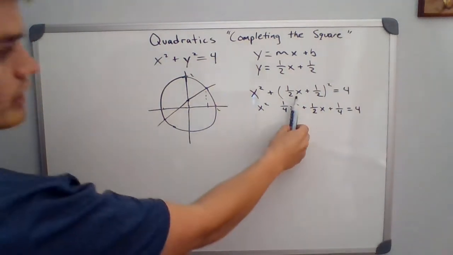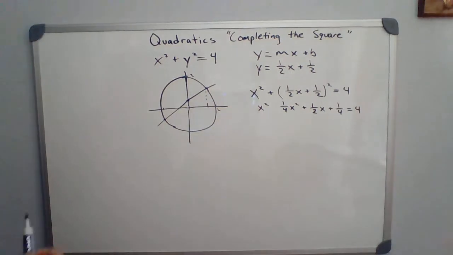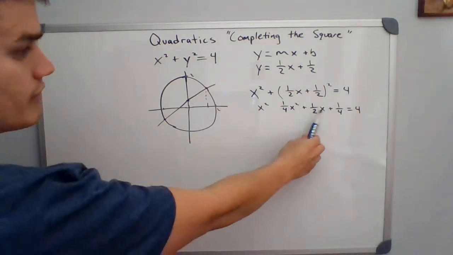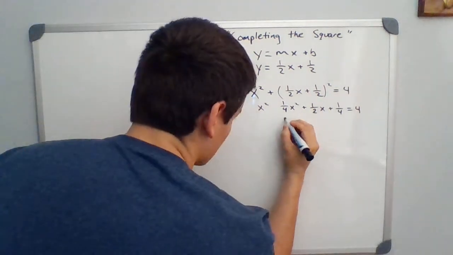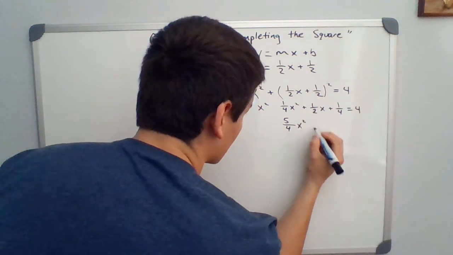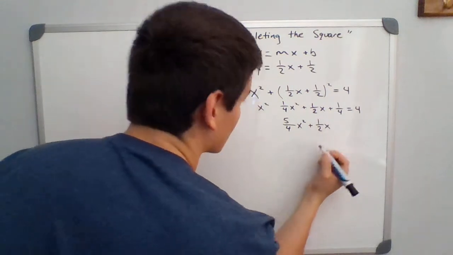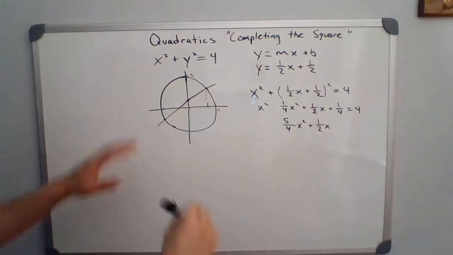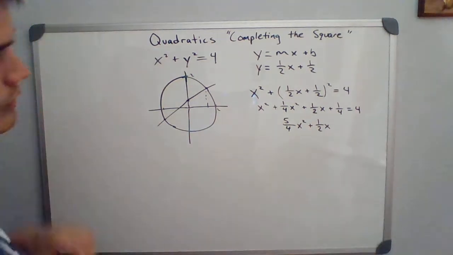I have 1/2 x times 1/2, which is 1/4 x, and 1/2 times 1/2 x, which is 1/4 x, and I add those together to get 1/2 x. So this is going to be 5/4 x squared plus 1/2 x.